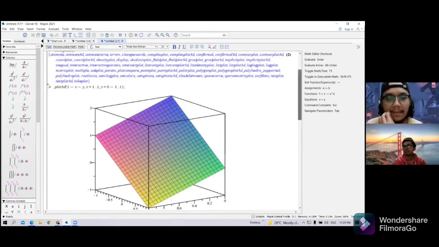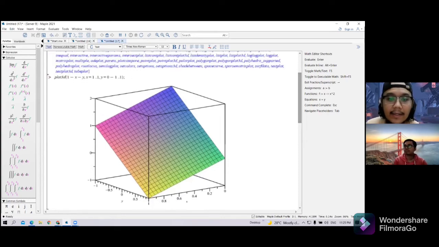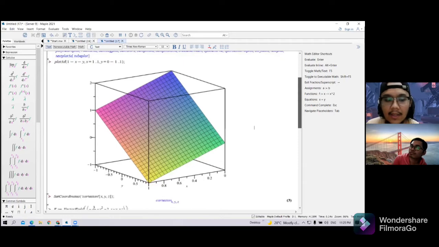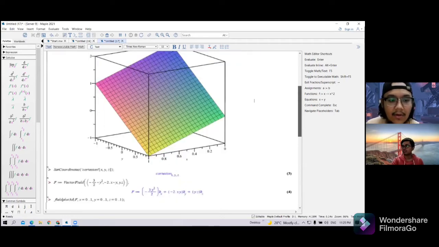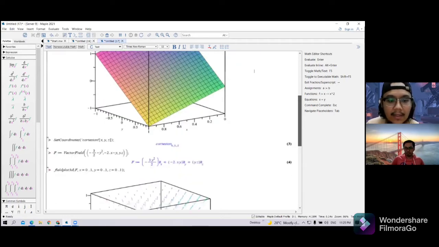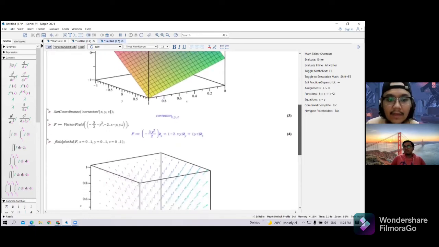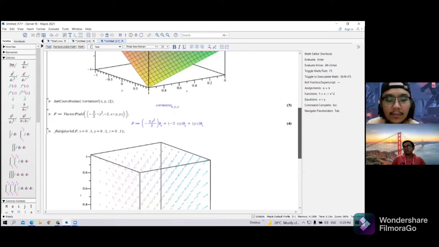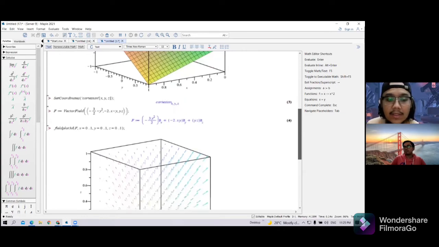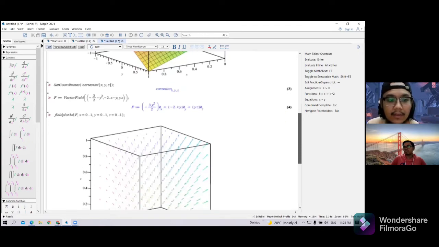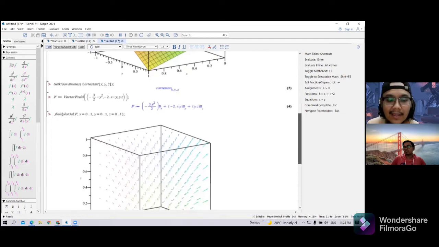When we press enter, this 3D plot will appear. The third step, set coordinates Cartesian x, y, z. Then F equals vector field. Just put in the equation from the question given and plot. So we get the second graph.